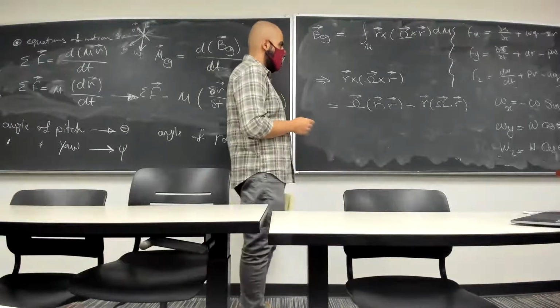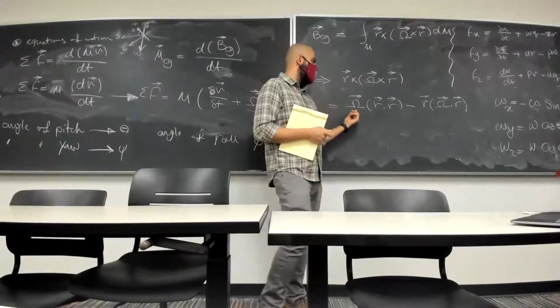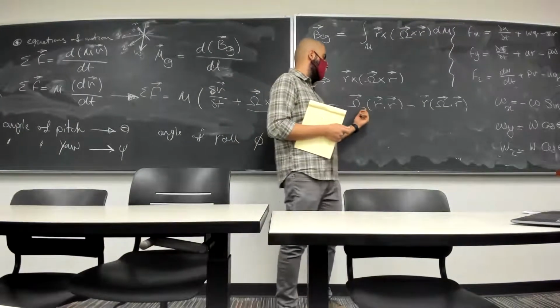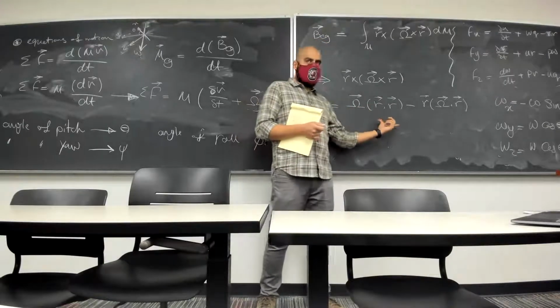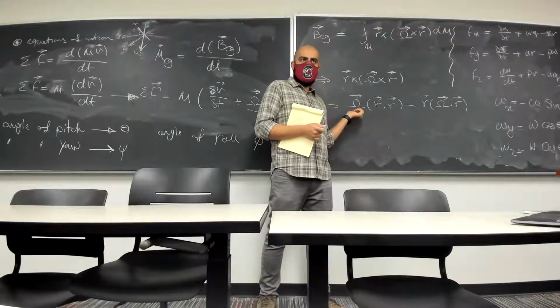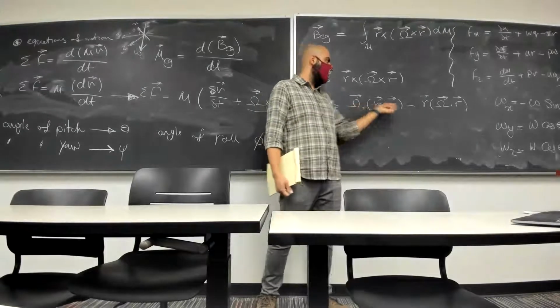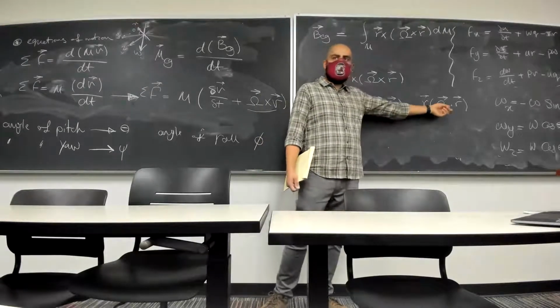One question I have though: what is the multiplication we have here between this omega and the parentheses? Is it a cross product or a dot product? Because I didn't put down anything here. The same question applies here as well.